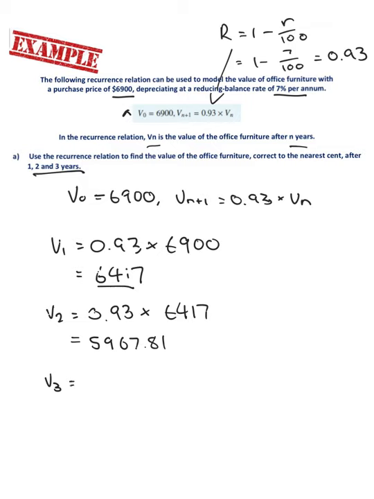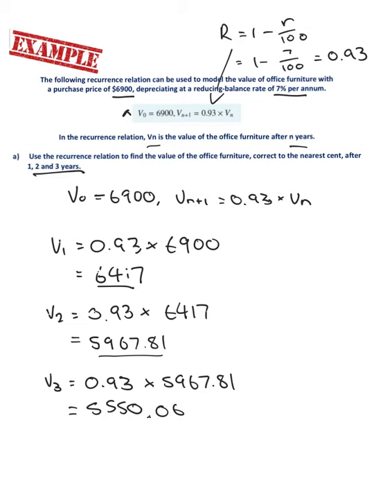Year 3 is going to be the same, 0.93 times our previous term, 5,967.81. The value of the office furniture after the 3rd year will be $5,550.06. Remember, when we're working with money, we always round to 2 decimal places.